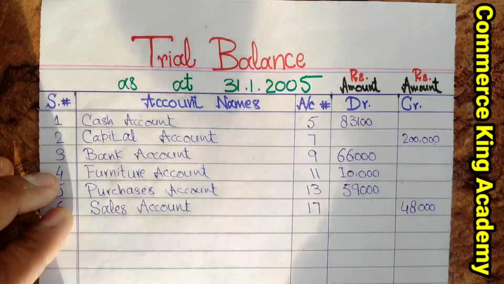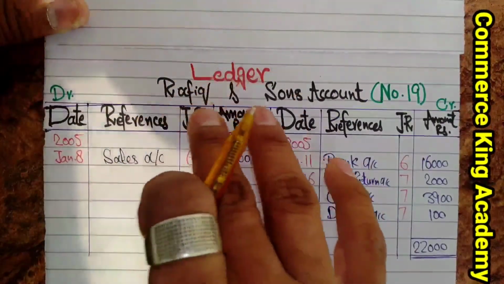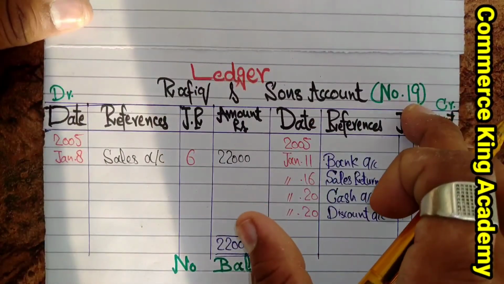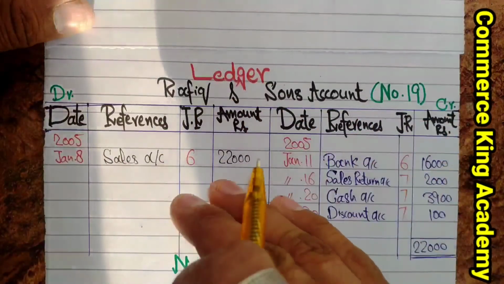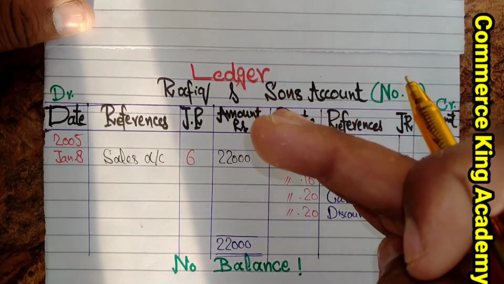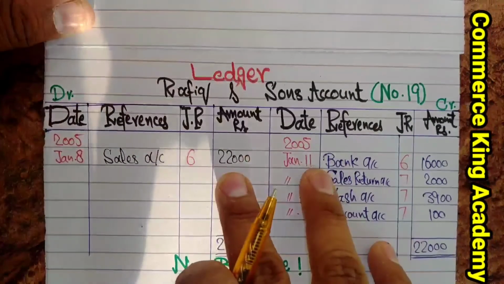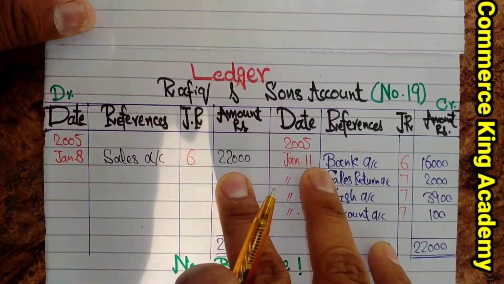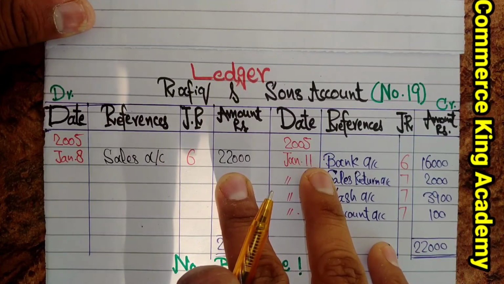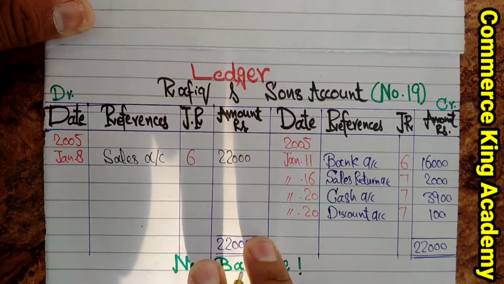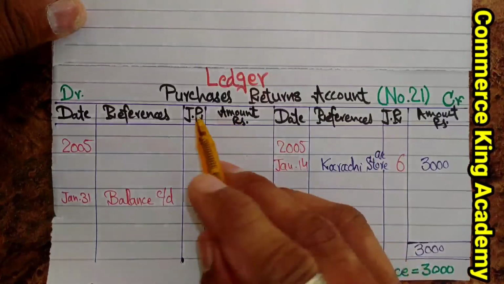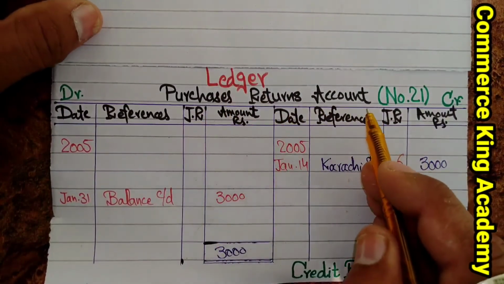This is our next ledger, Rafiq and Sons account, number 19, debit side, credit side. Same as the earlier account, we have no balance in this account, so we will not enter this account's balance in the trial balance. Our next ledger is purchases returns account, ledger folio number 21.